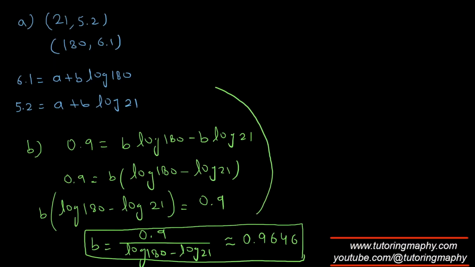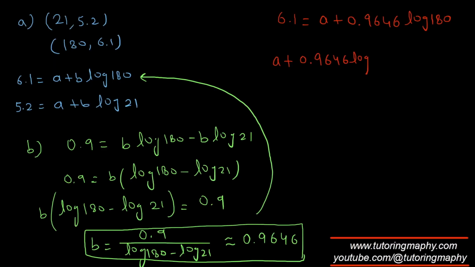To find a, let's plug this in any equation. I'm just going to plug in the first one. So 6.1 is equal to a plus 0.9646 log 180. Let's flip the equation. So a plus 0.9646 log 180 is equal to 6.1. So the a value will be 6.1 minus 0.9646 log 180, which is approximately 3.9246.